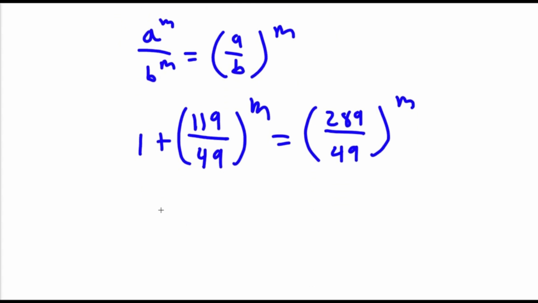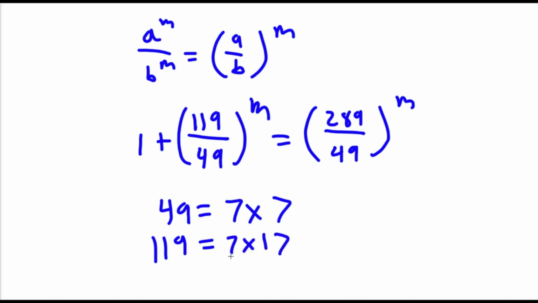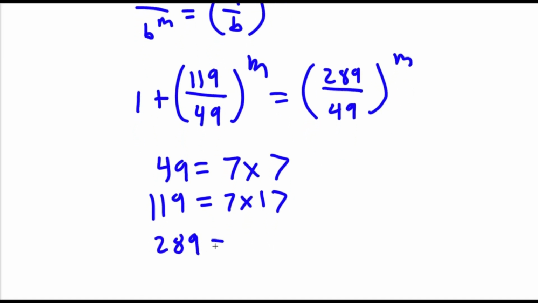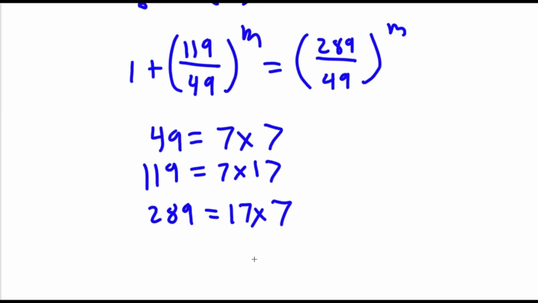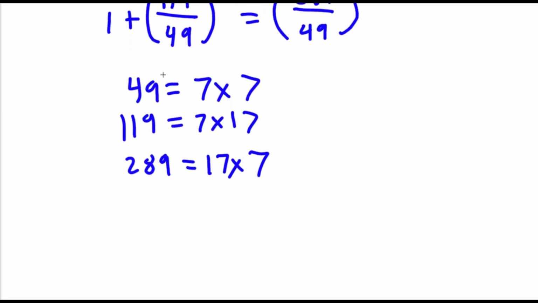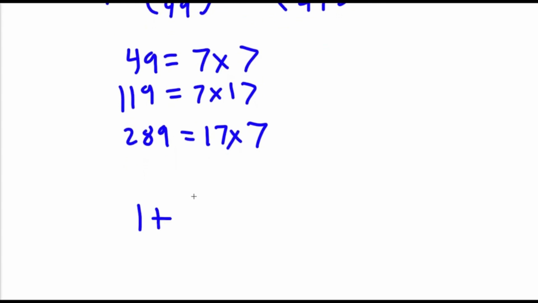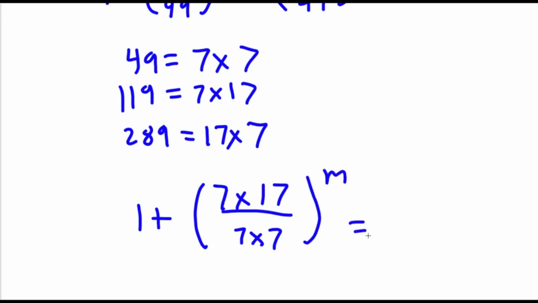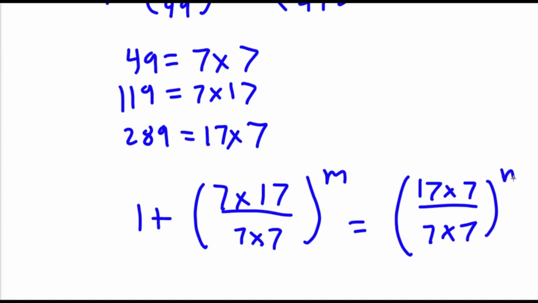Now, 49 is equal to 7 times 7, right? 119 is equal to 7 times 17, and 289 is equal to 17 times 17. So now if I replace these values into our original equation, I get 1 plus (7 times 17 over 7 times 7) to the power of m is equal to (17 times 17 over 7 times 7) to the power of m.